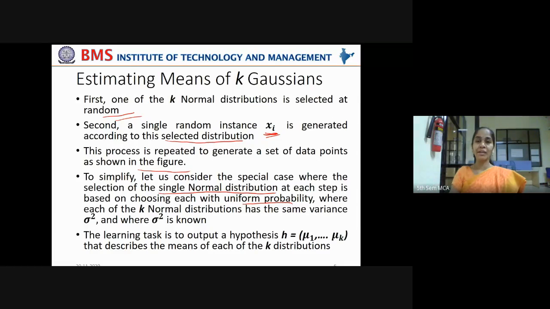We don't have an idea now whether this data is drawn from the k equal to 1 distribution or the k equal to 2 distribution, where each of the k normal distributions has the same variance. You know how to calculate the variance, right? From standard deviation. You know how to calculate the standard deviation also. You remember how to calculate standard deviation?